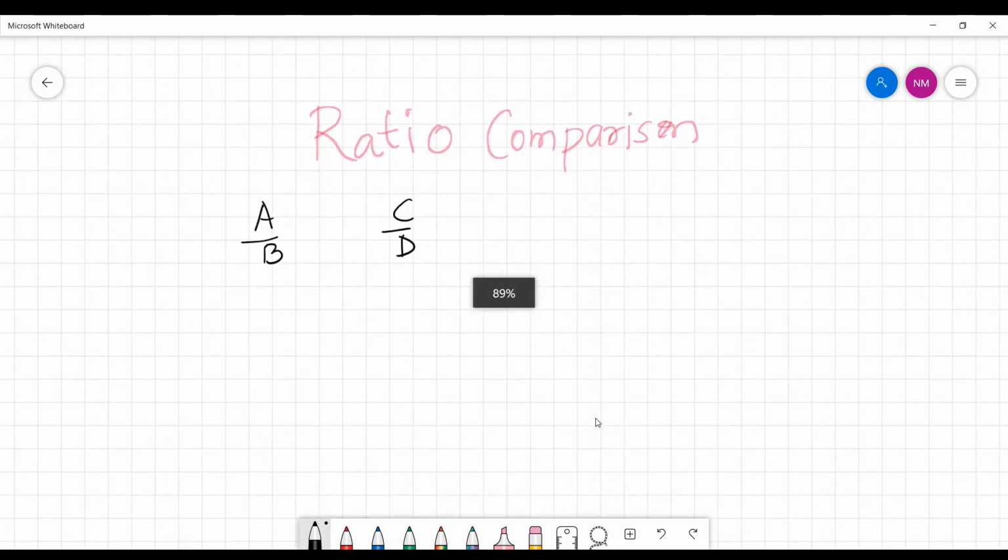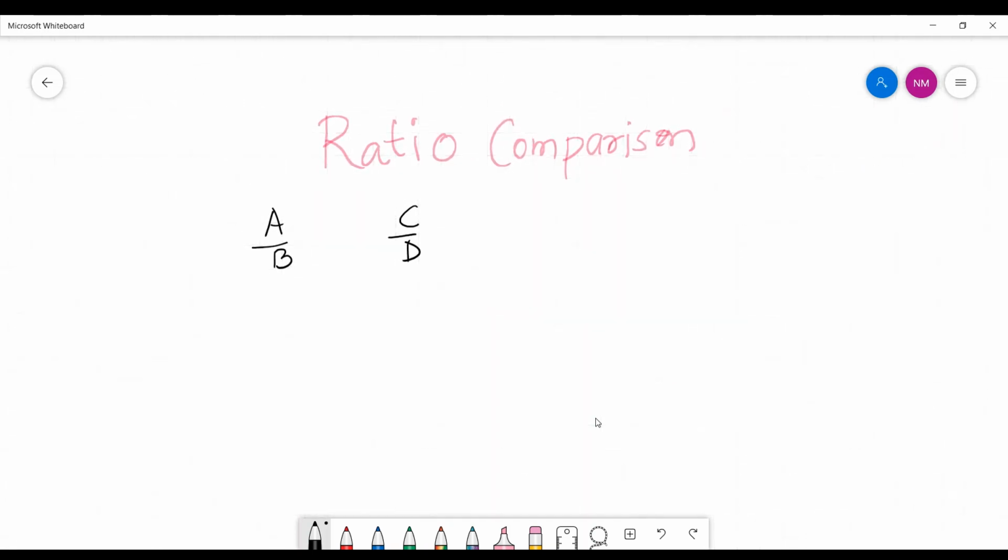So let's say case one is when C is greater than A and D is less than B. So in the ratio, our numerator increased and denominator decreased, right? So what will this mean?